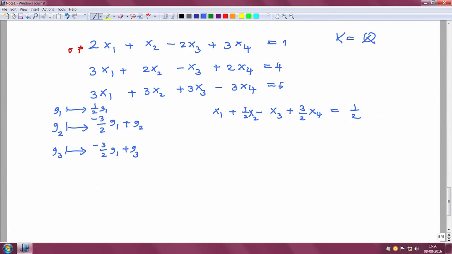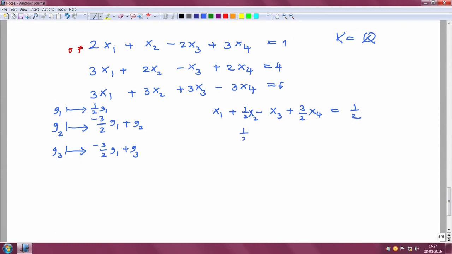In the second one, the coefficient of x1 is killed by our choice. We are multiplying the first by minus 3 by 2 and adding it here.